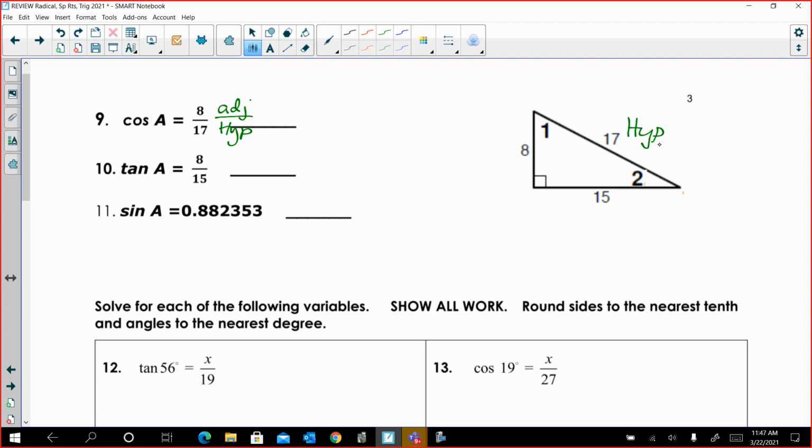So we just got to figure out if 8 is the adjacent part. So 8 would be this side. What angle is adjacent to that 8? The angle that's adjacent to the 8 is angle 1, because it would be right next to it. So this answer is angle 1. Angle 1 would give you that ratio, 8 over 17.